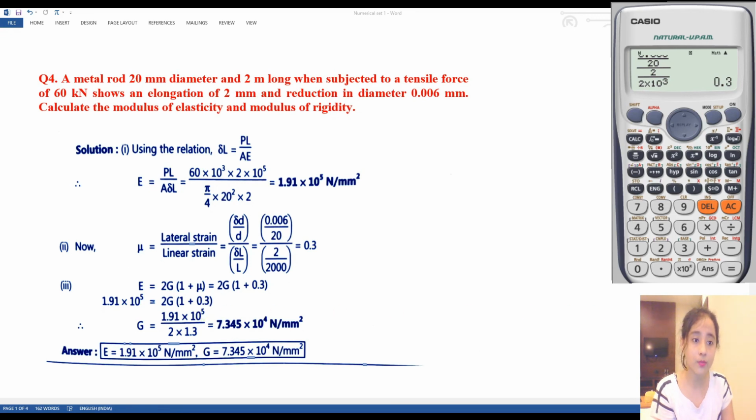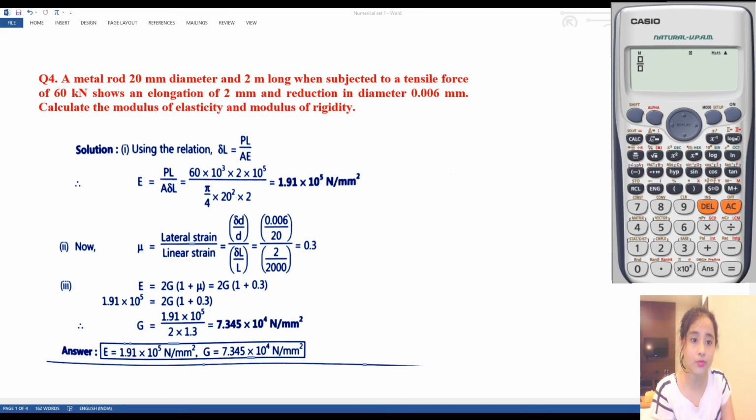So 1 plus 0.3 will give you 1.3. So we have 1.3 into 2. 1.3 into 2 किया तो you will get 2.6. So now we have 1.91 into 10 raised to power 5 equals to 2.6 G यहाँ पर. So now we find G.